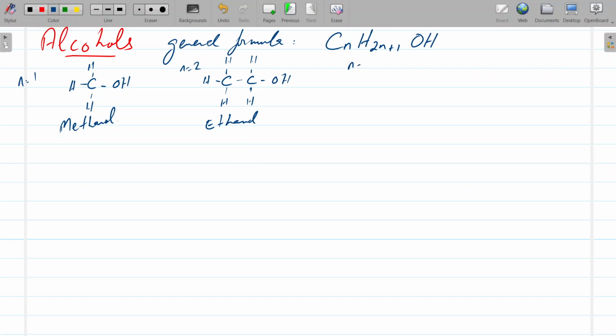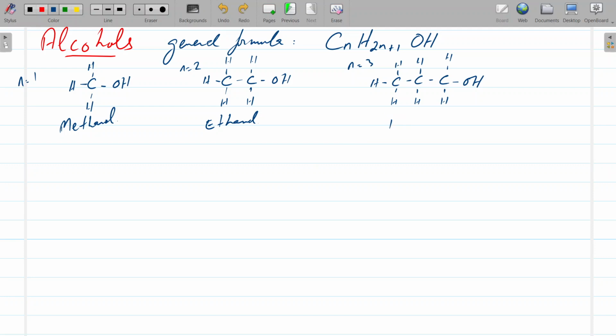When n equals 3, 3 carbons and 7 hydrogens.